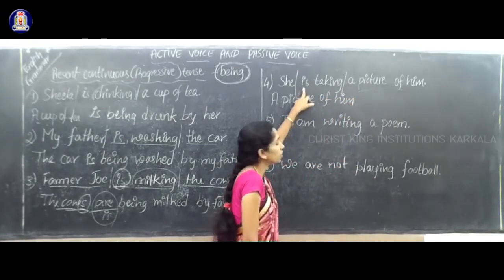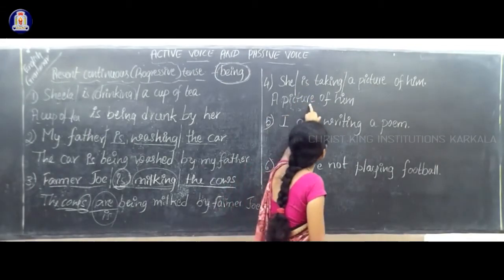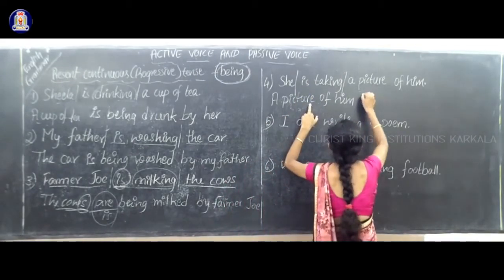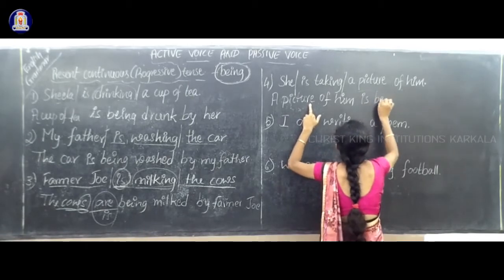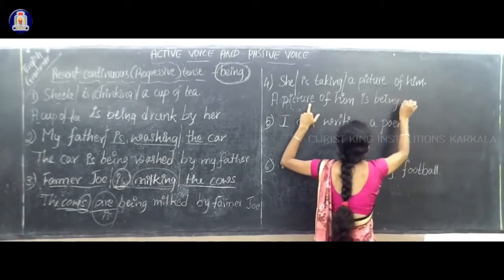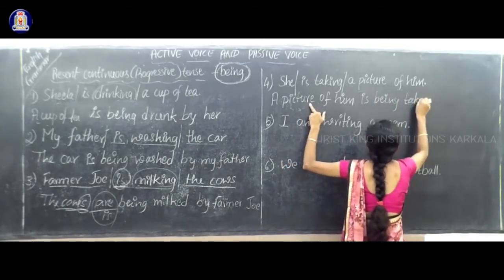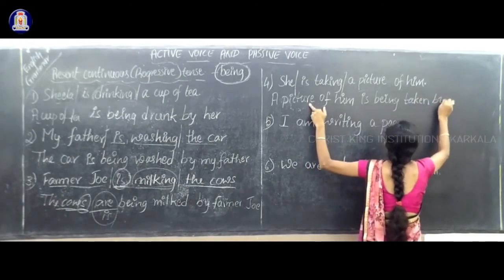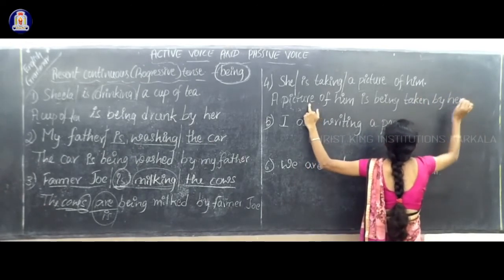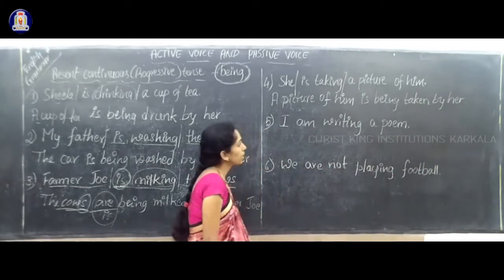Now a picture is singular, so a picture of him is being taken by her. A picture of him is being taken by her.